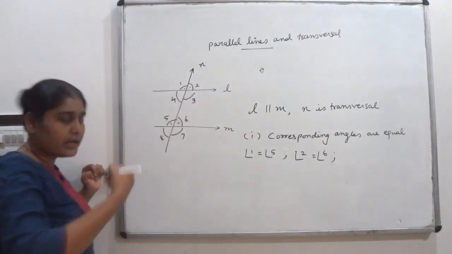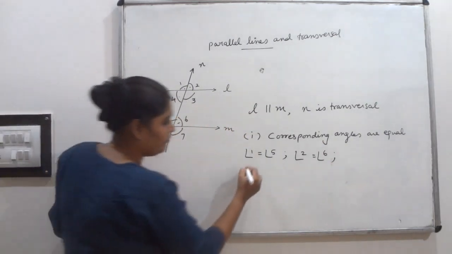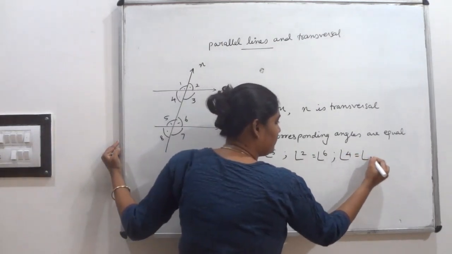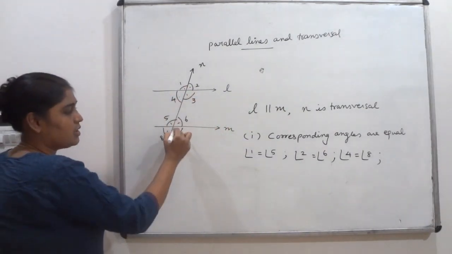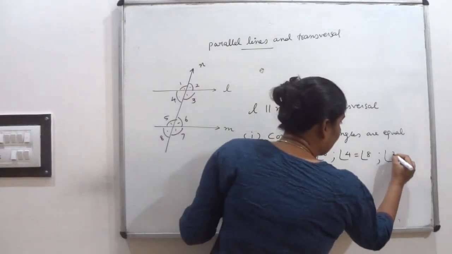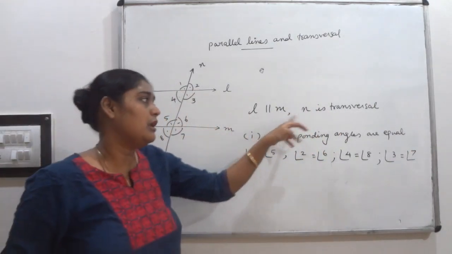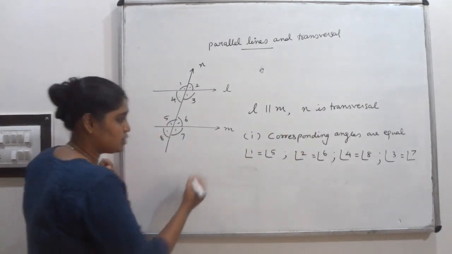Then the downside angles: angle 4 is equal to angle 8, and angle 3 is equal to angle 7. These are corresponding angles. When the two lines are parallel and intersect with the transversal, then corresponding angles are equal. That is your first point.